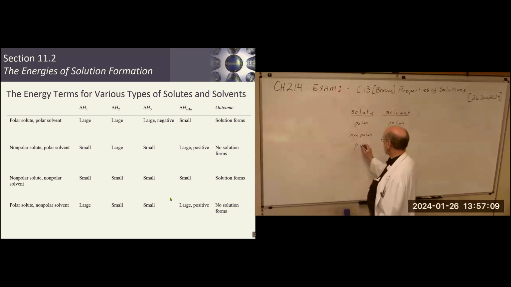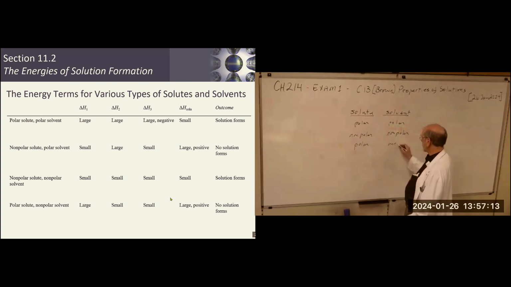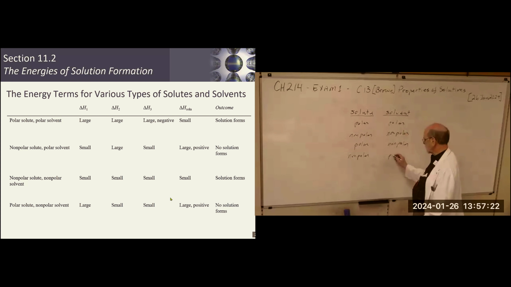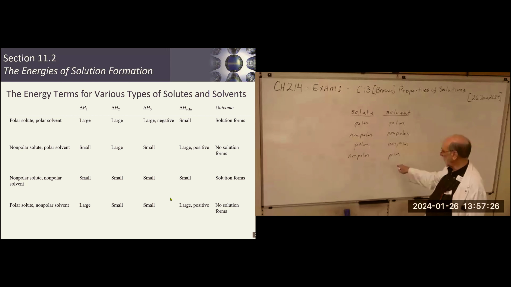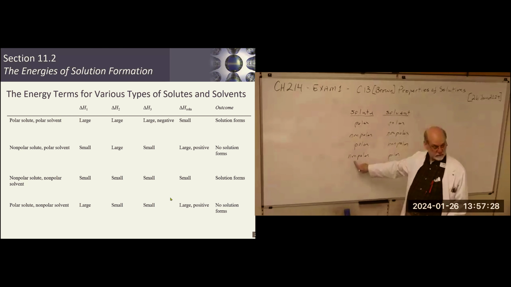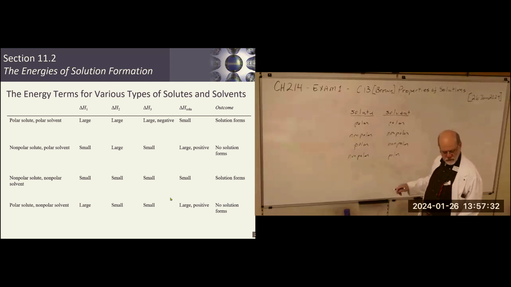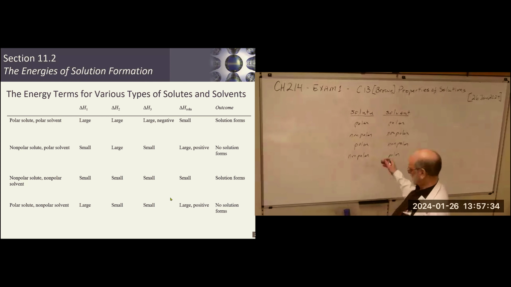We can have a polar solute, a non-polar solvent. Or we can have a non-polar solute and a polar solvent. This would be oil and water. Oil is non-polar. Water is polar. So let's see where that one is. Non-polar, polar. The second one down.